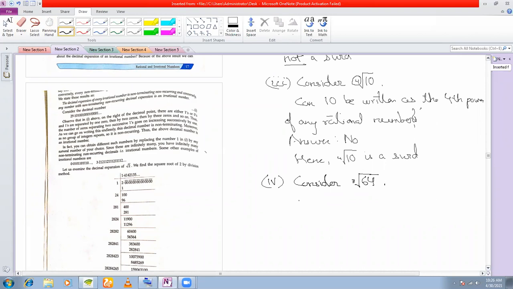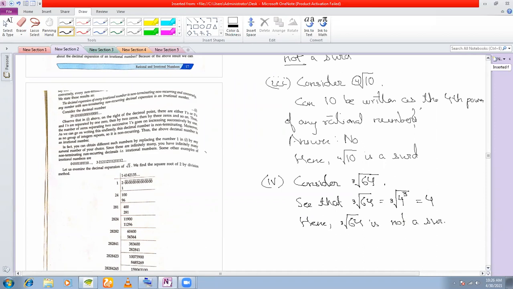Why? See that the cube root of 64 can be written as the cube root of the third power of 4, which is 4. Hence, the cube root of 64 is not a surd.